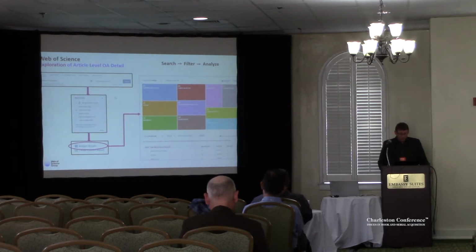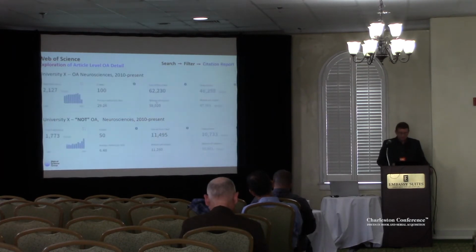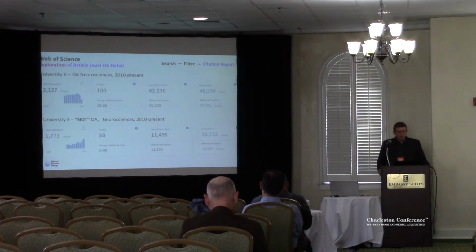So just a slide again for reference. And again, looking at hybrid gold, again, search, filter on other gold, analyze. Search, filter, analyze. But what you can also do is something known as a citation report in Web of Science. And so I can search on, I won't reveal the university name here, I don't think that's fair, but I did a search on, and I'll give a little more detail about the way to do that search properly when we go live.